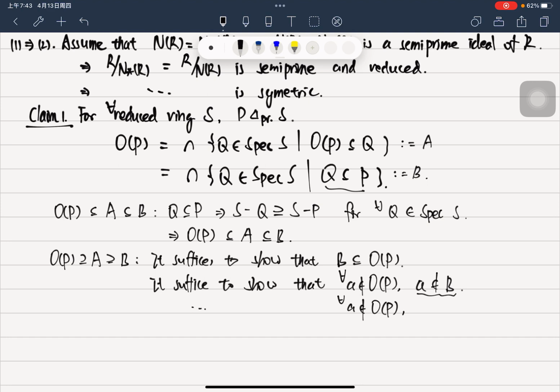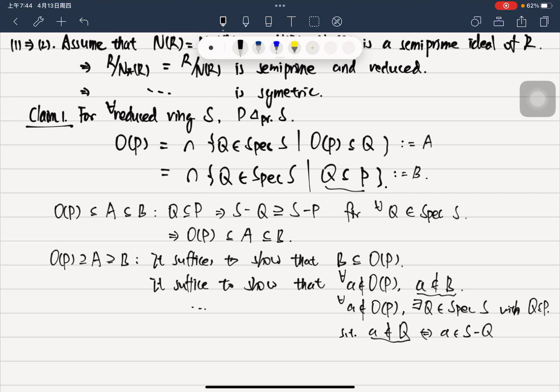Because A is not contained in B, A is not contained in a prime ideal which is contained in P. Another thing is that there exists a prime ideal Q of S such that A is not contained in Q. And we know that if A is not in Q, A should be in S minus Q, which is an M system.